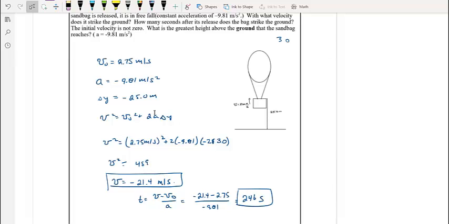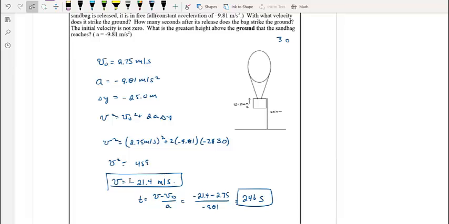And I realized I wrote 25 here, but I used 23. So this is 23. I told you to ignore the numbers on the picture. I think everybody did. So if you use 23 and you solve for v, you'll get plus or minus 21.4. But because the bag is falling, you choose the negative solution. And there's 3 significant figures.